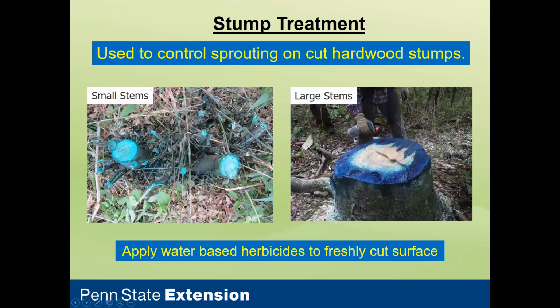But then on larger stems, you just need to treat that outer layer of wood from the very edge of the bark all the way in, and you need to treat what we call the phloem, the cambium, as well as that sapwood or xylem layer that's actively growing.